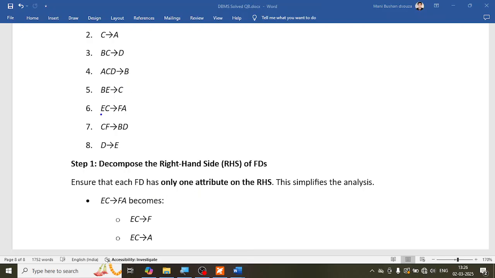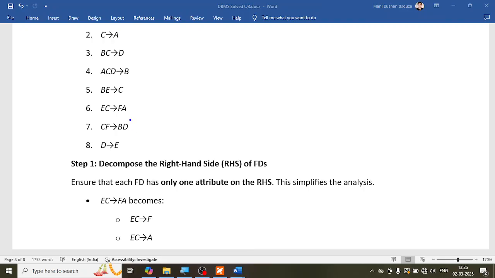Let us start with the first one, EC gives FA. From EC gives FA, we can say that EC derives F and EC derives A separately. So we are going to decompose this relationship: EC derives F and EC derives A separately.